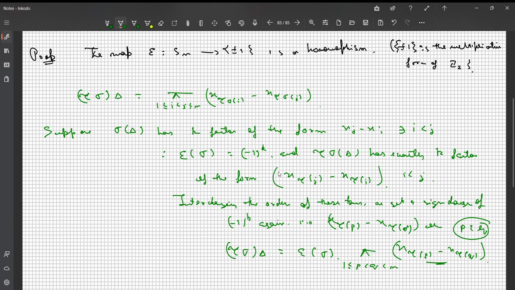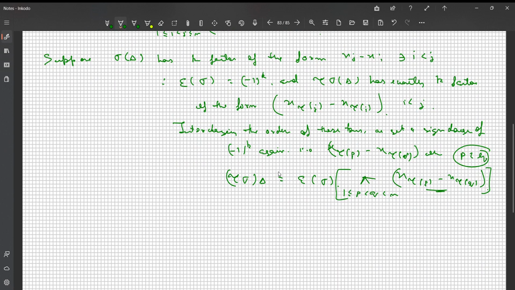So to get this condition of p less than q, we change the sign of all those k factors, which gives us another sign change of minus 1 to the power k. But that nullifies whatever we had, right? Because minus 1 to the power k times minus 1 to the power k is nothing but 1. So acting on delta with respect to tau is analogous to acting on delta without the presence of sigma.